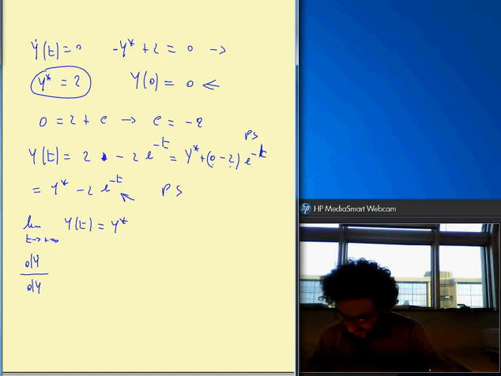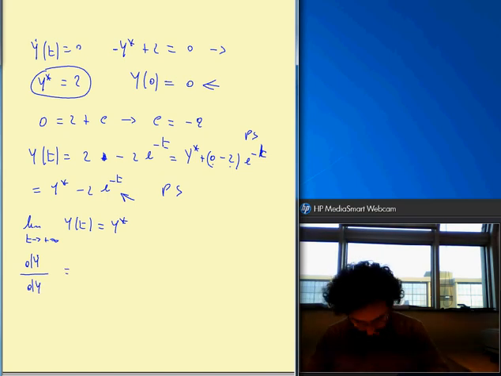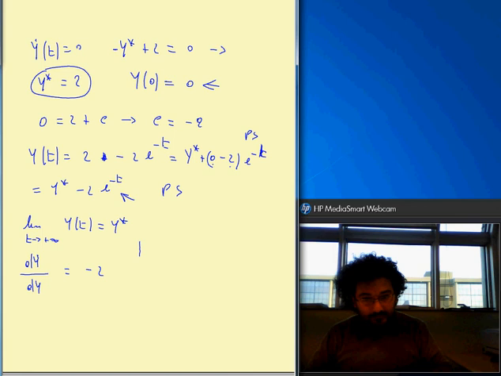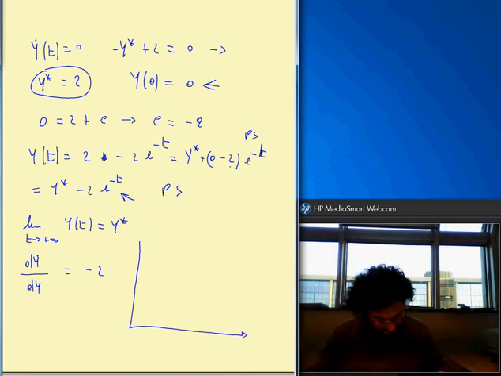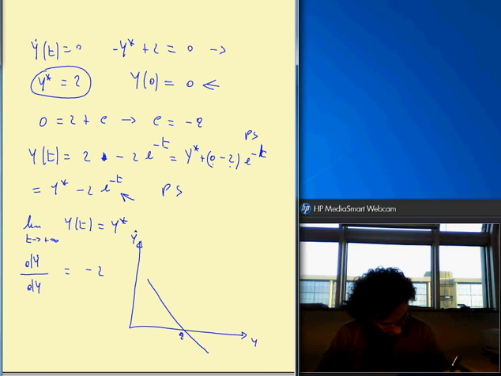So we can write this as y dot t minus 2t y t equal to t. In this case, the integrating factor would be e to the power of minus t square. Why?